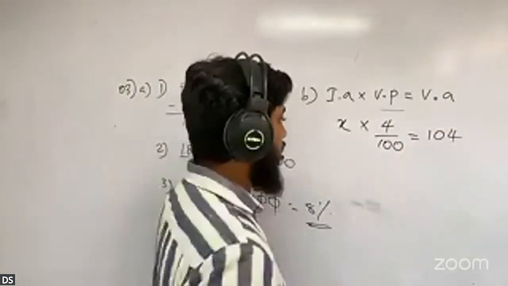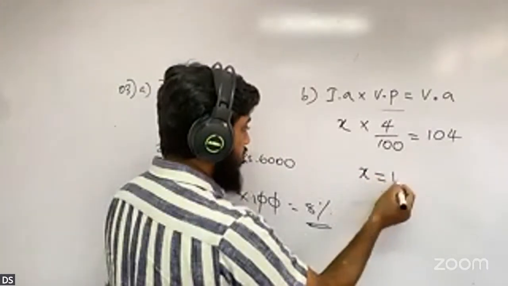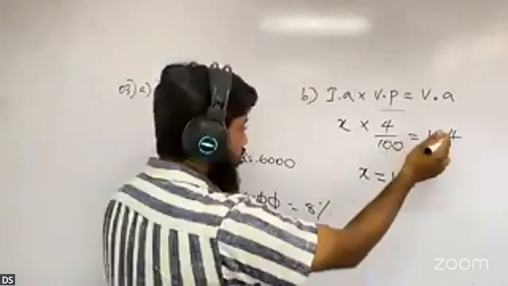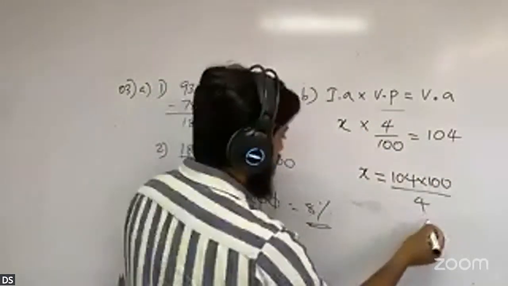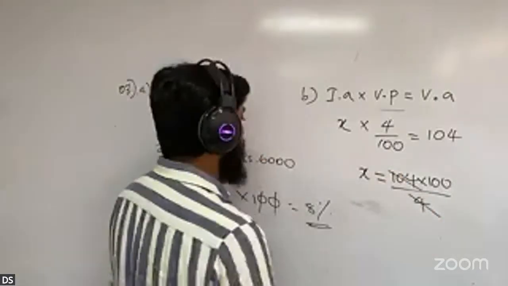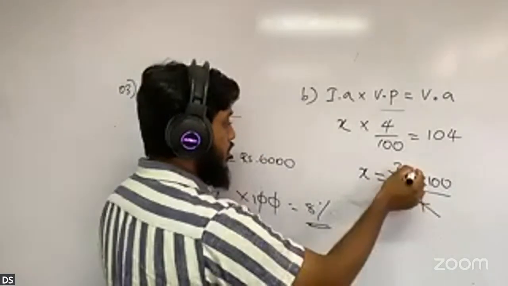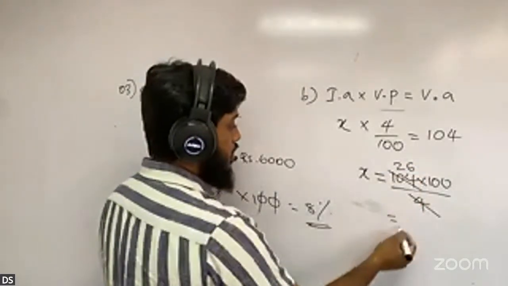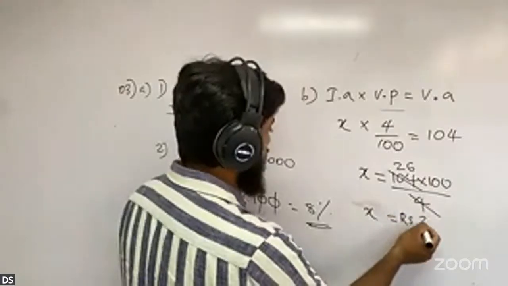Now what should I do? I have to get the value for X. So to find the value of X, I keep X here and 104 here. Send the division by 100 to this side, it becomes multiplication by 100. Send the 4 to this side, it becomes division by 4. Now you can simplify 4 and 104. How many 4s are in 10? 2. How many 4s in 24? 6. Then 26 into 100 means X is equal to rupees 2,600.